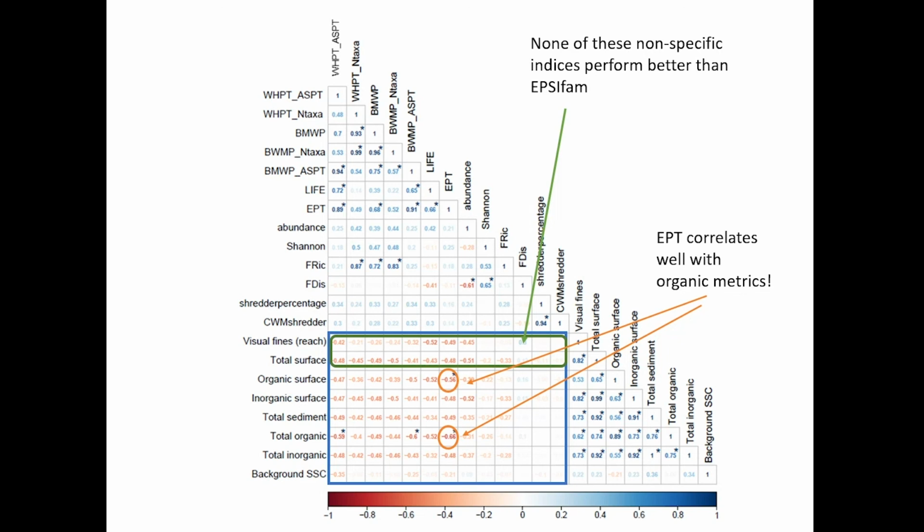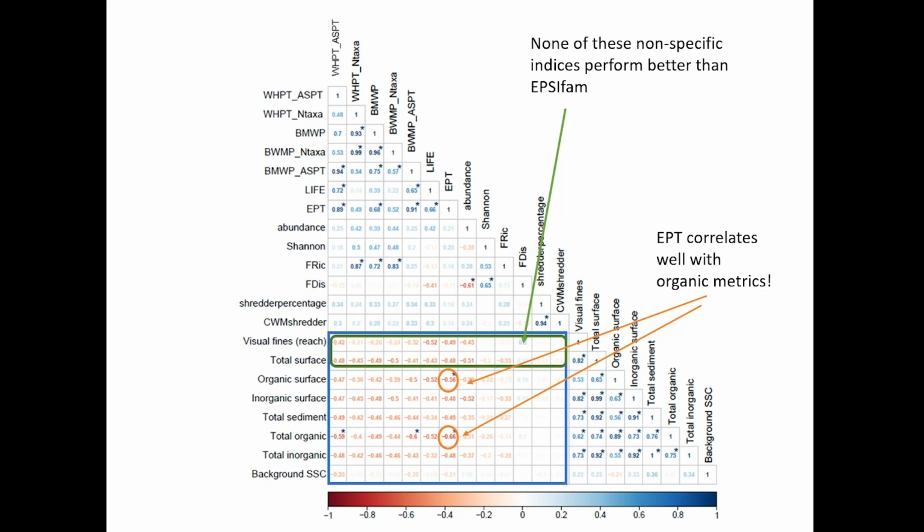We then have raw abundances, Shannon's diversity index, and then a couple of functional trait indices: functional richness and FDis, which is functional dispersion. And then we have shredder percentage and the community weighted means of shredder, which is a callback to earlier in my PhD where I found that the wealth of evidence shows that shredders were unequivocally sensitive to fine sediment.